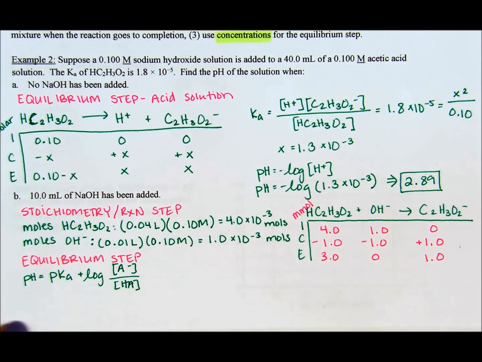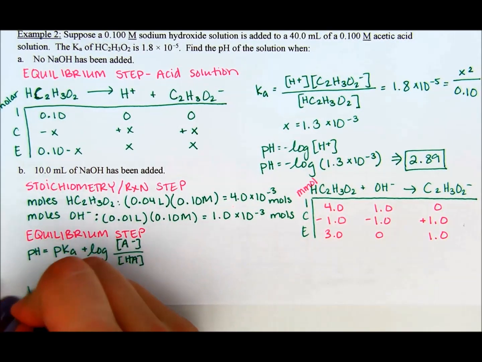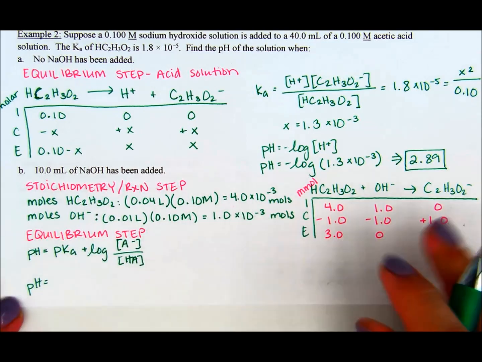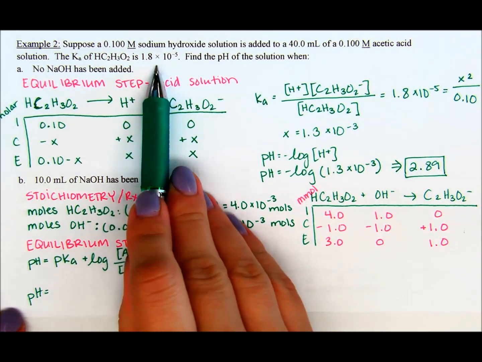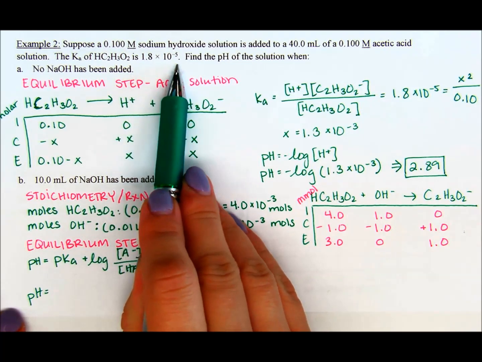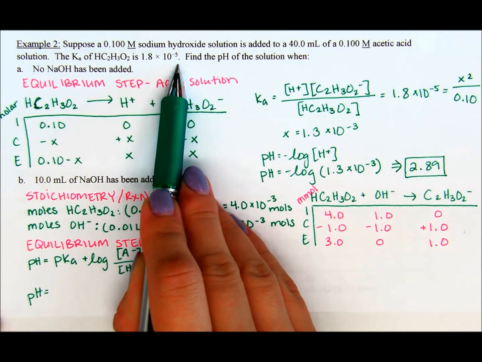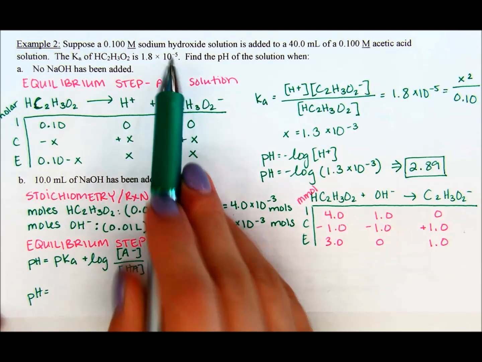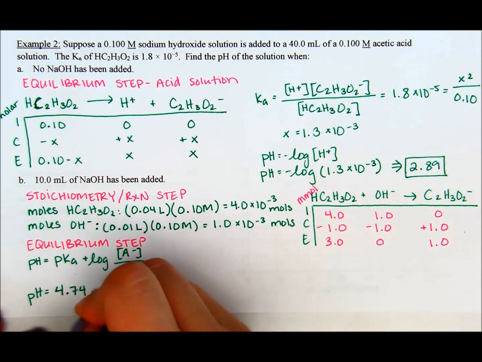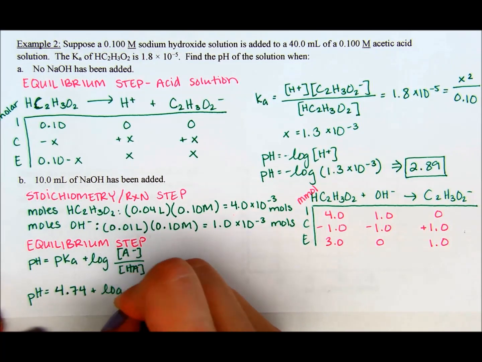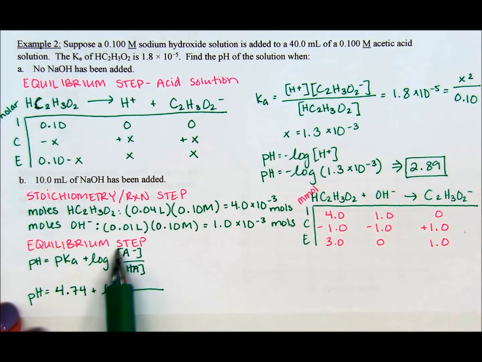And I have all the information I need for this. So my pH equals my pKa. If you don't remember where to get pKa, remember that lowercase p just means negative log of Ka. Our Ka is up here. So we need the negative log of 1.8 times 10 to the negative 5. Once you plug that in, you should get that the pKa is equal to 4.74 plus the log of the concentration of A minus. This is a molar concentration.